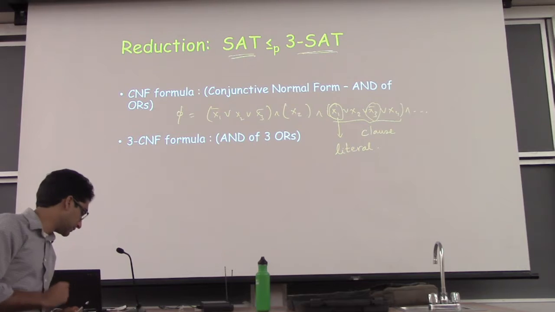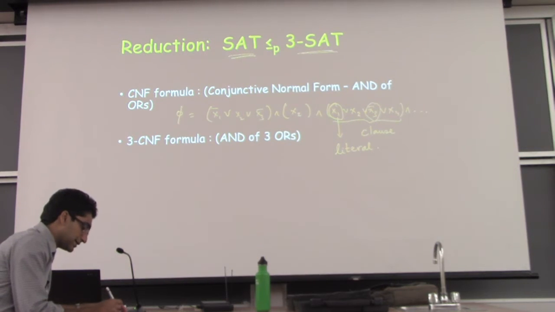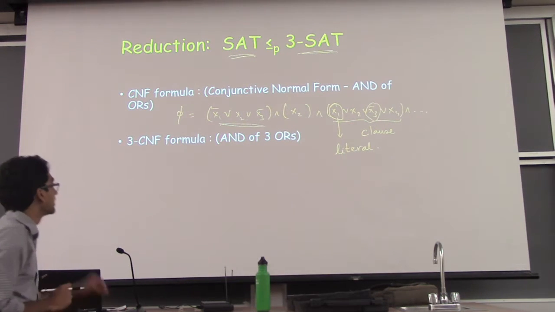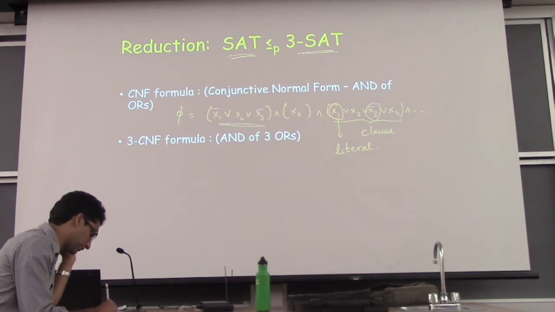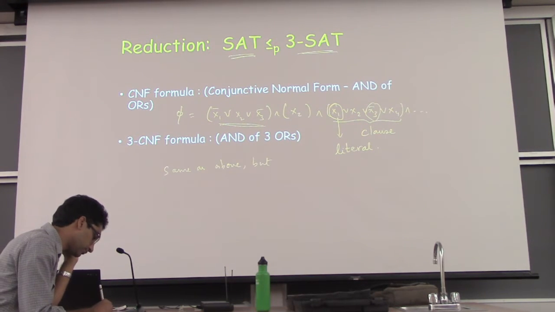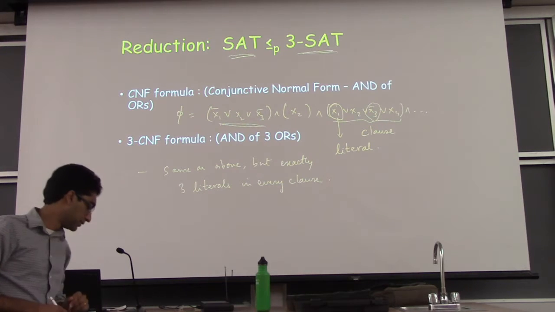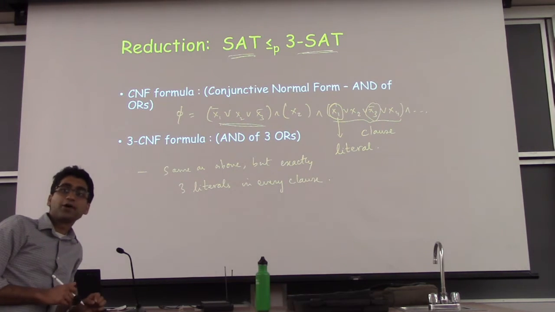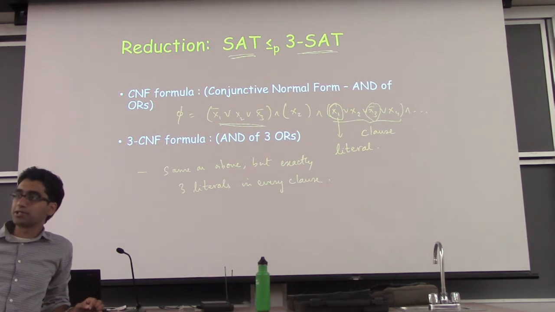They come up in reductions. A 3CNF formula is something very similar, except that it has exactly three literals in every clause. Last time we saw how you can start off with some CNF formula and reduce it to a 3CNF, of size which is not much bigger.